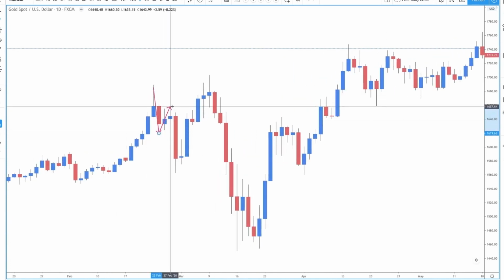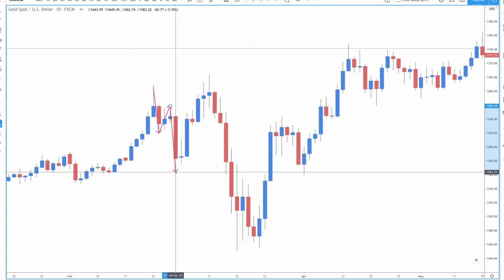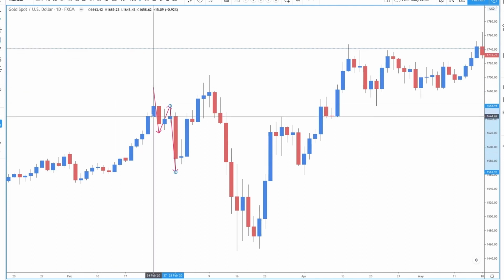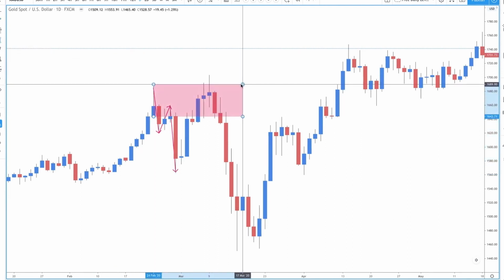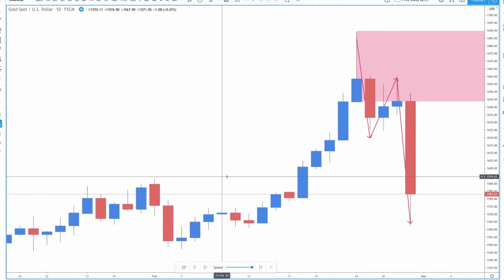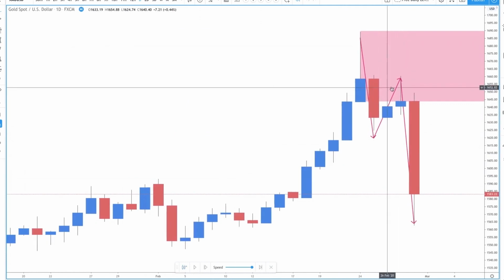Low, lower high, lower low. So this area becomes an area of supply. Let's just get rid of that for now. That whole area now is an area of supply.